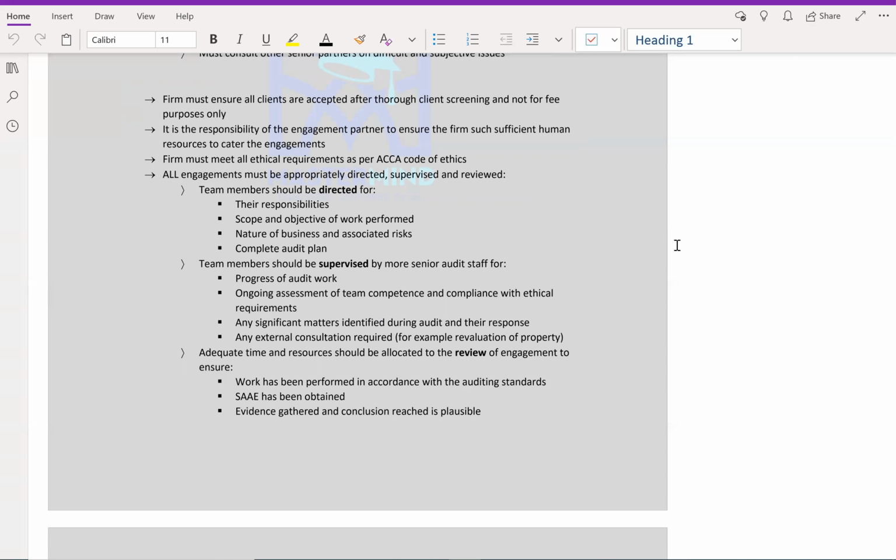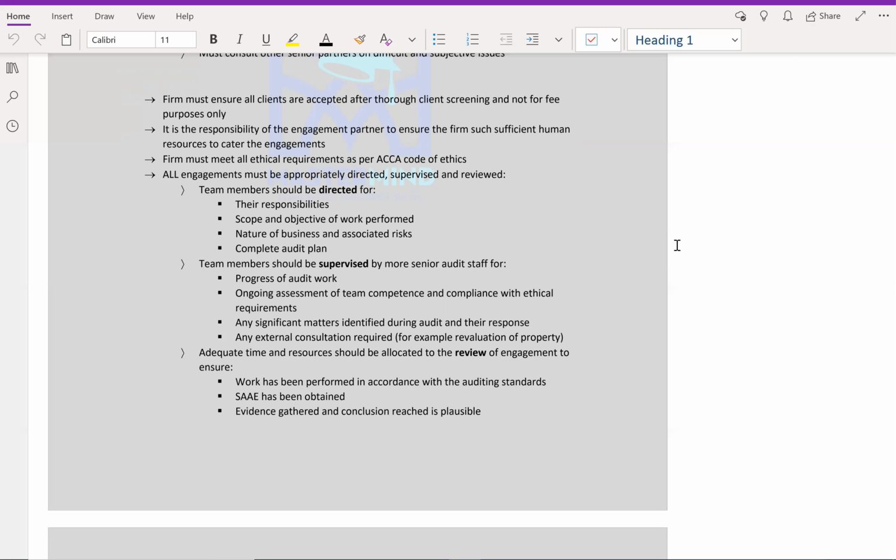For example, I came across the draft financials, and I know that any revision will take the profit upwards rather than downwards, and I've bought the shares now. So you need to assess whether everyone is complying with ethical requirements or not. Any significant matters identified during the audit and the response. Any external consultation required, for example evaluation of properties or involvement of experts.